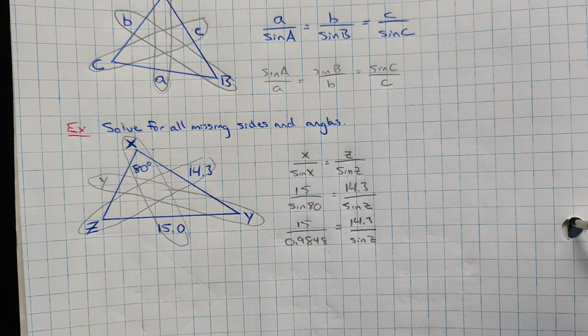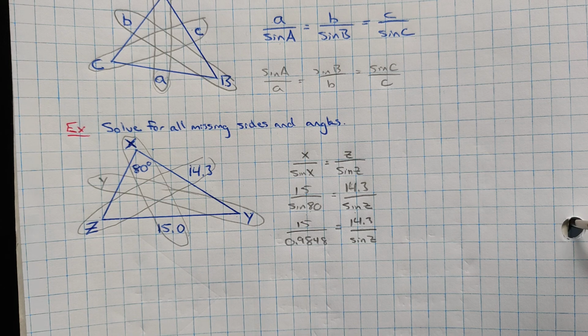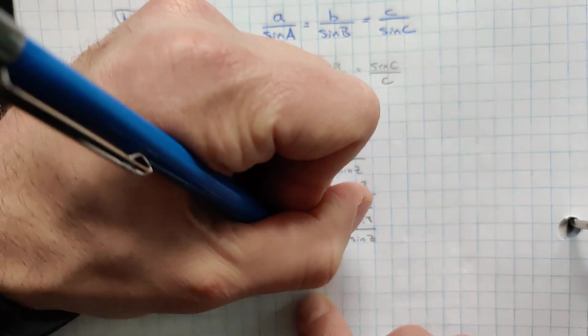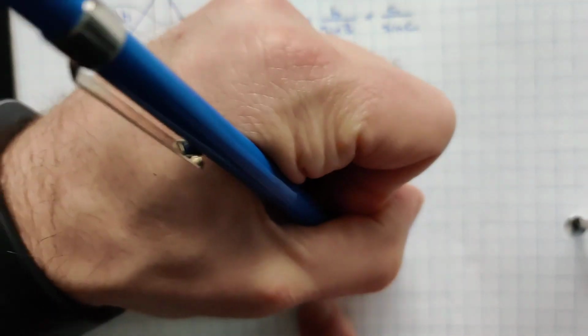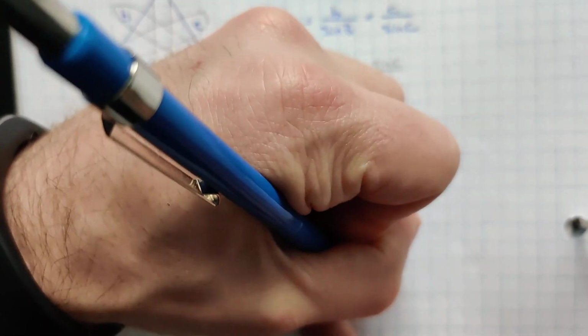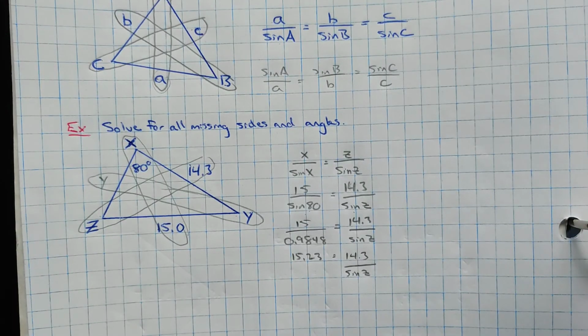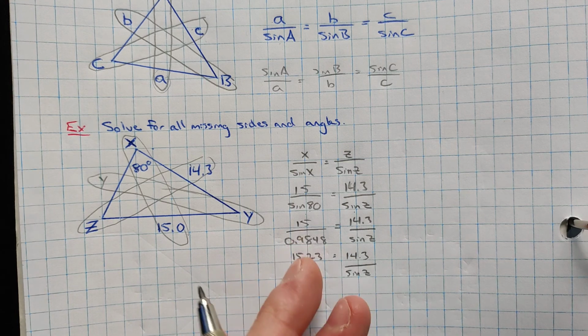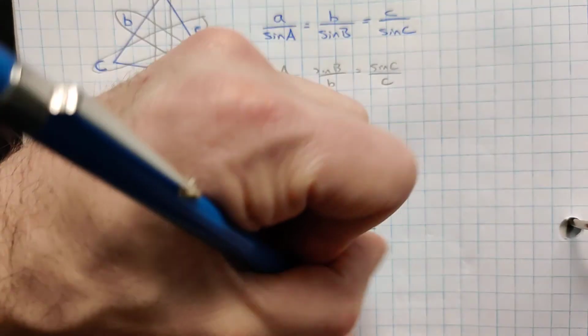We'll calculate that. 15 divided by 0.9848 is going to give me about 15.23 equals 14.3 over sine Z. So just like our trigonometric ratios, we have the sine Z on the bottom. We can just flip that with the 15.23.